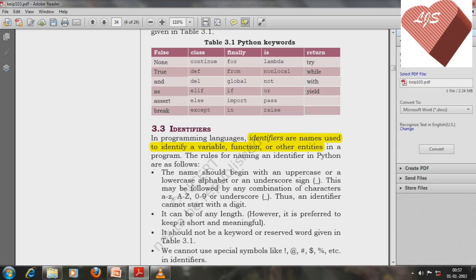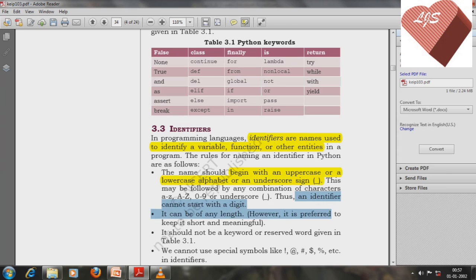Identifiers are the fundamental building blocks of a program. These are the names given to different parts of the program, and you have to follow the following rules while using the identifiers. Here, uppercase means capital letters, lowercase means the small letters, and the only symbol that you can use is the underscore sign.